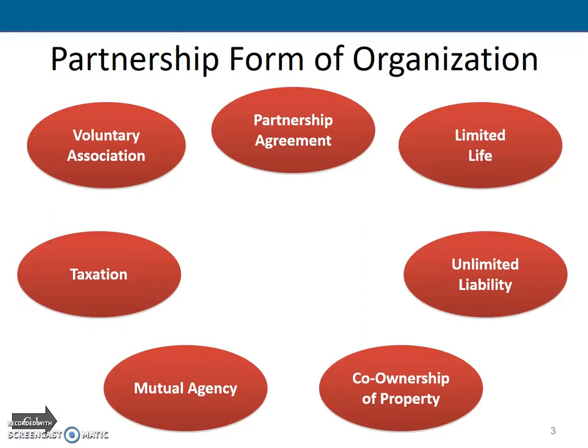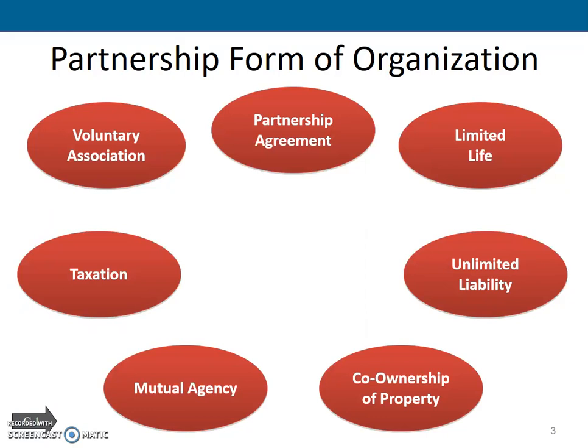It depends on how you have it set up, and sometimes we look at different partnerships and we can see that with a general partnership, all partners have mutual agency and unlimited liability. But there can be limitations, and we'll talk about how the partnerships can be organized in just a minute.